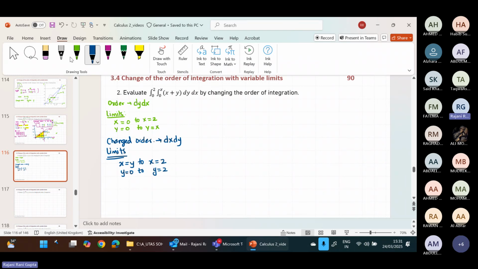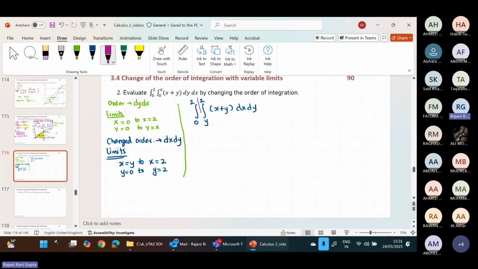Once you are done with this part, write down your question. Your question now becomes the integral of (x plus y) dx dy, where x goes from y to 2 and y is from 0 to 2.